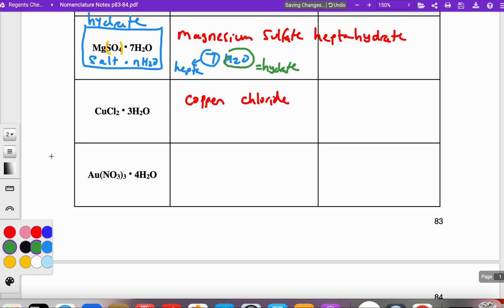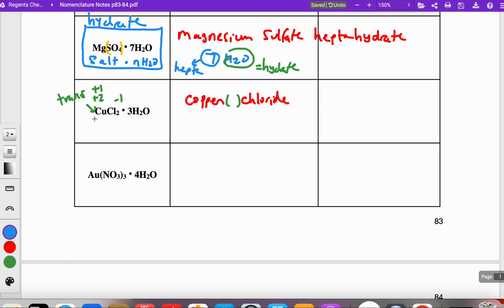Now, Cu, this is a transition. So we need a Roman numeral in the name to indicate the charge it's using. So Cu can use a +1 or a +2. Cl, as an anion, can only use a -1.